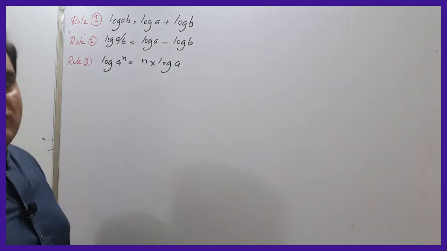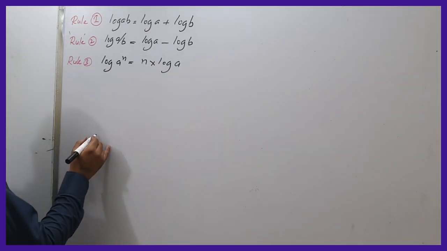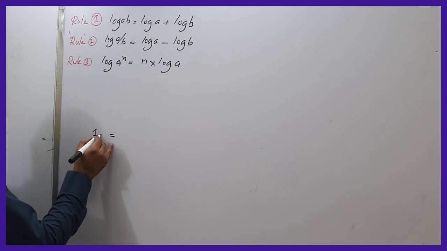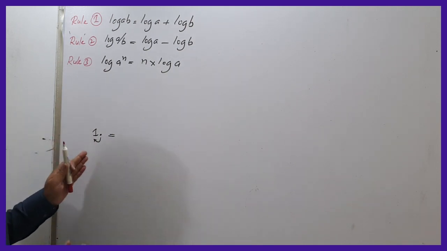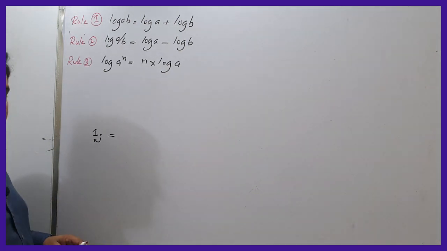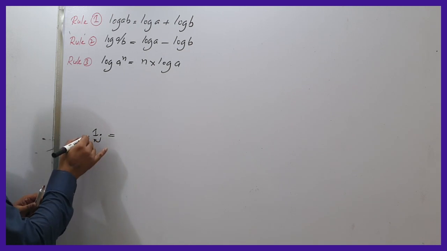Before going to these laws, I want to tell you that if we have the number 1, its decimal is here. It is a non-flexible decimal. It can't go towards the left side, because in the standard method we retain the decimal where only one non-zero digit comes at the left of the decimal.